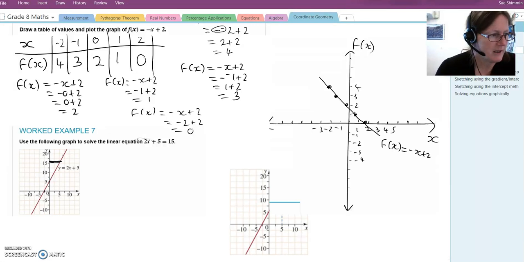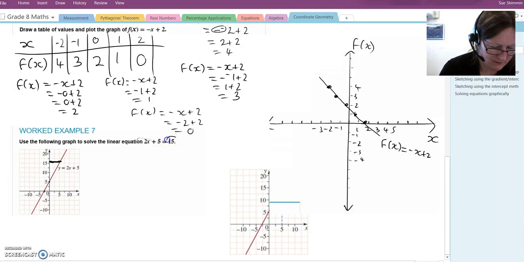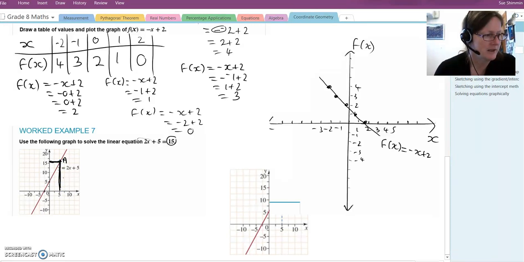This is the right-hand side of the original equation. This line meets the graph at a point that we can call point A. We then draw a vertical line down from point A to the x-axis, and this meets the x-axis at 5.